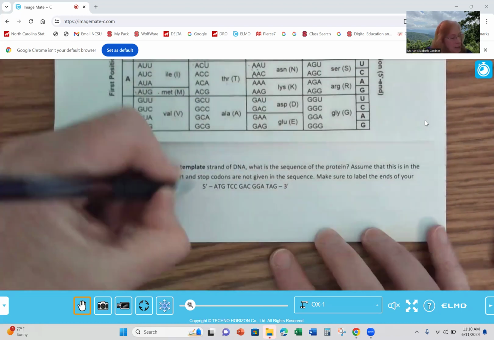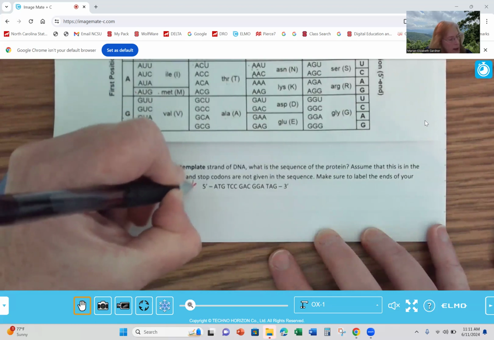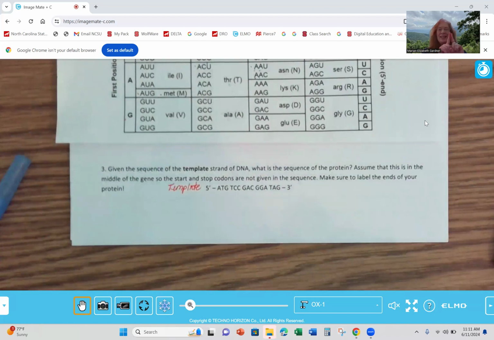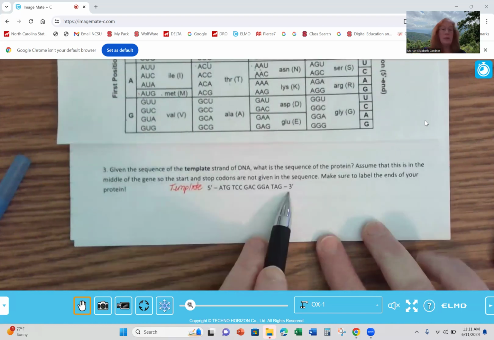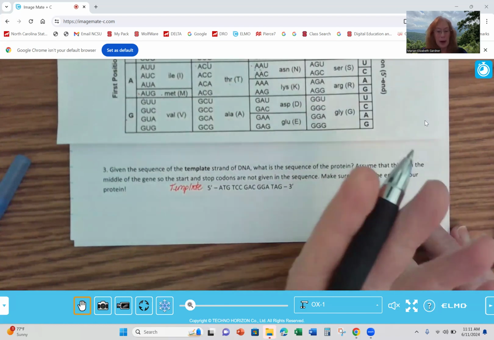So this is a template strand. Now remember, when we're making RNA from the template strand of DNA, it's easiest to read the template strand if we write it 3' to 5'. Now it's written 5' to 3' here because that's our convention. If you're writing only one strand of DNA, you write it 5' to 3'.